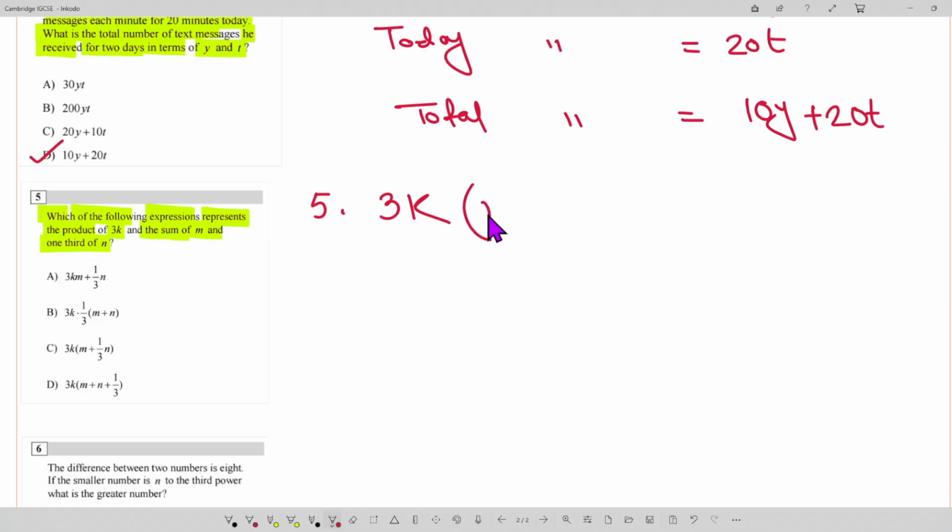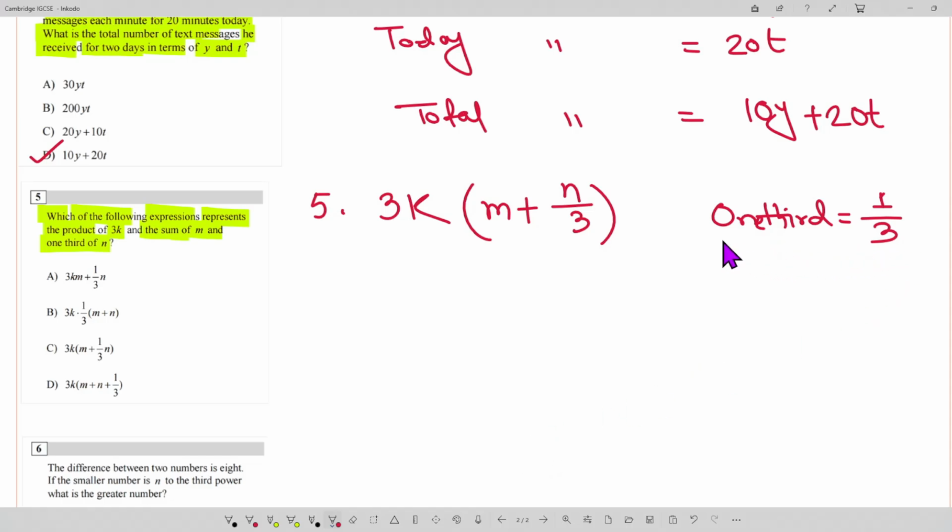It means m plus 1/3 of n. 1/3 means 1 by 3.